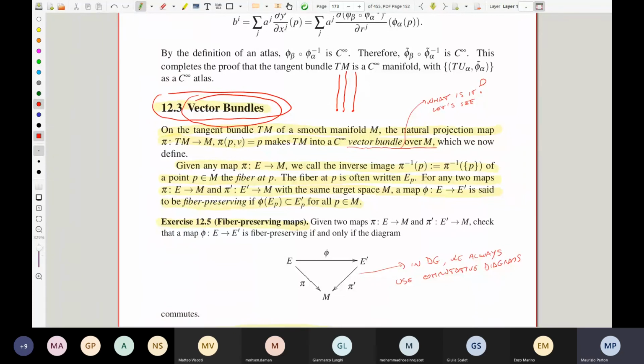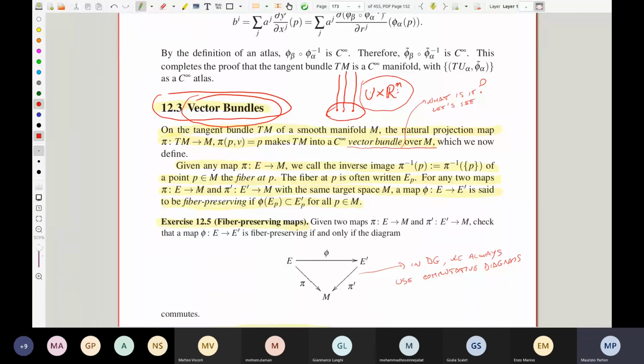Something which is locally given by this U times Rn. This is the most primal way of giving a vector space over every point. Just take the product of the points times the vector space, the prototype of the vector space of dimension n.